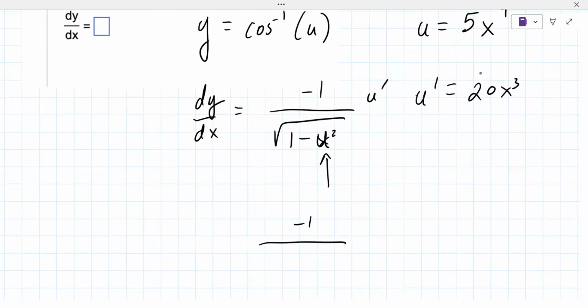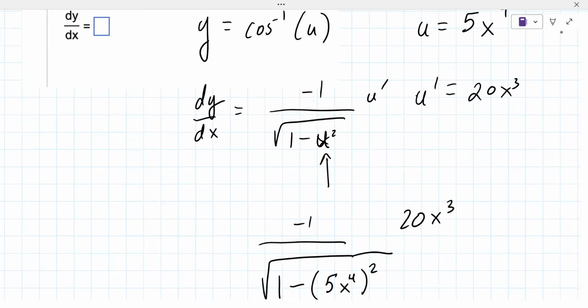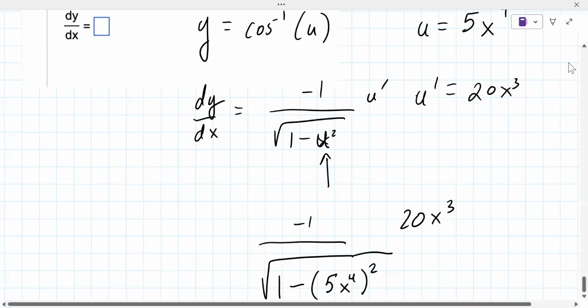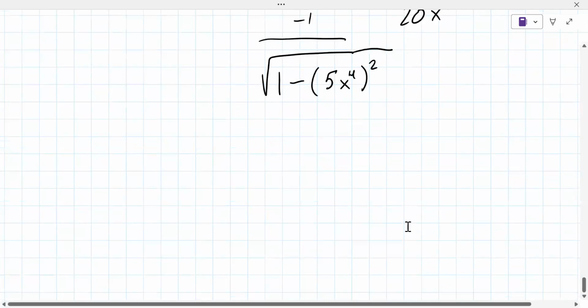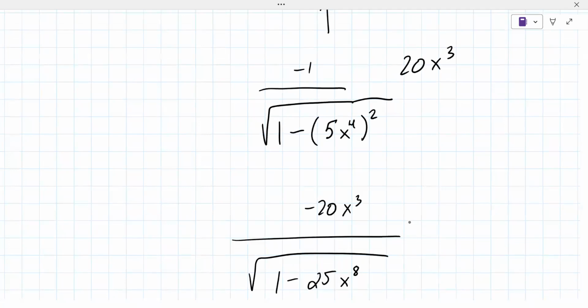So it's -1 over the square root of 1 minus 5x to the 4th squared, and you don't have to actually square it, times the 20x cubed. That's it. If you wanted to simplify, it could be -20x cubed over the square root of 1 minus 25x to the 8th.